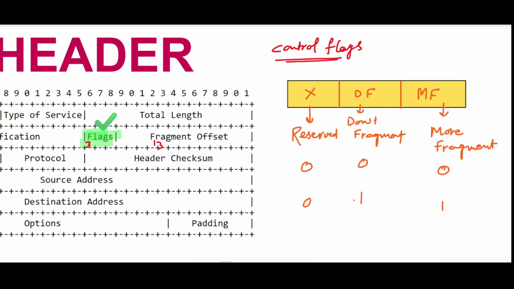Clear? And if we use DF as 1, that means true. Don't fragment is true if we use 1, which means there is no availability for any fragments. Clear? So there are 2 bits.